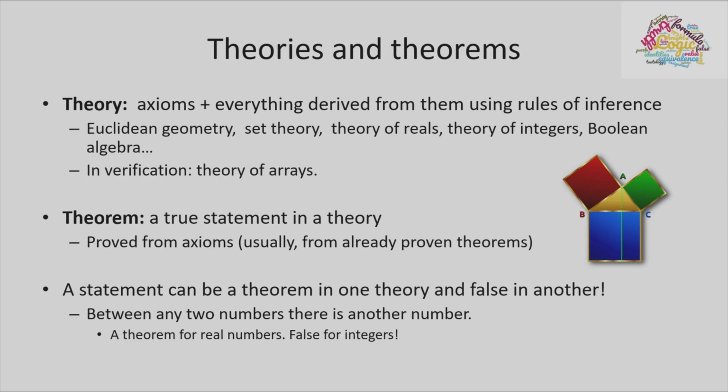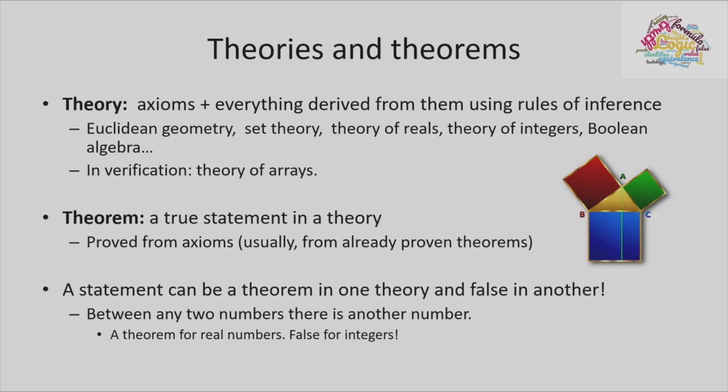So in a theory, we'll have some objects like numbers or lines or sets or programs and arrays. And we have some rules that tell us what happens. For example, a rule can tell us that if you write something in memory and then you read from the same place right away, then you expect to see the same thing that you've written. Otherwise, programming would be really hard.